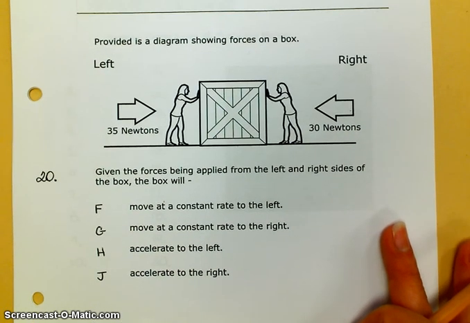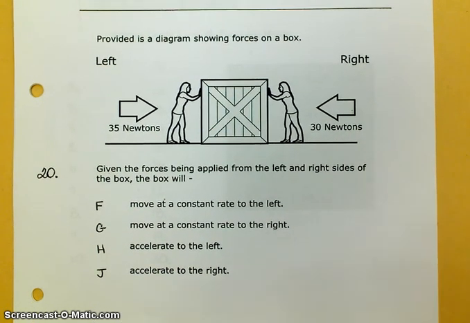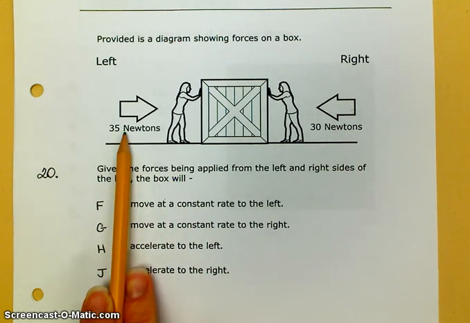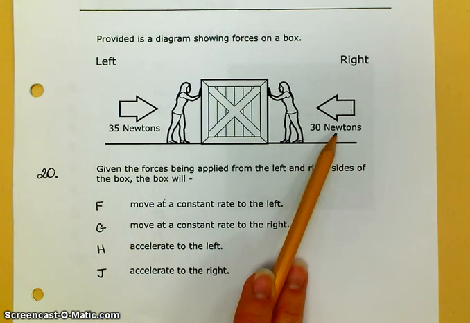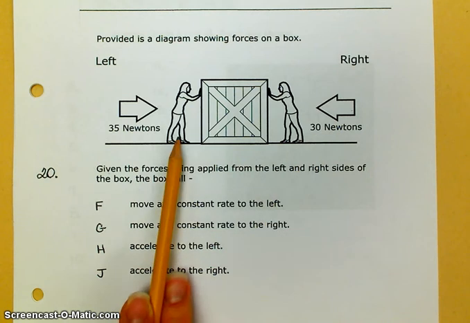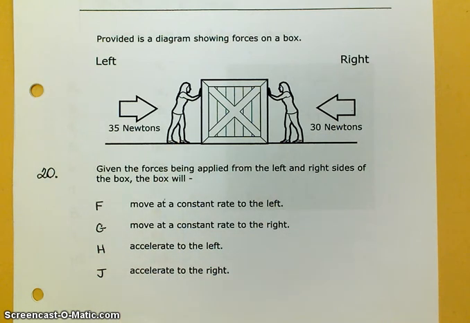Number 20, provided is a diagram showing forces on a box. We have this person pushing with 35 newtons towards the right, this person pushing with 30 newtons towards the left. Given the forces being applied from the left and right sides of the box will do what?